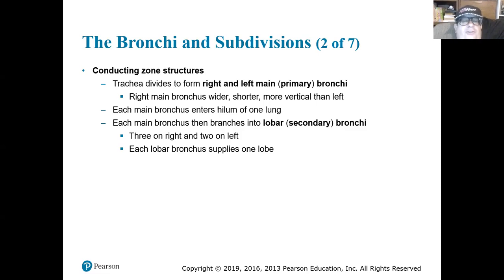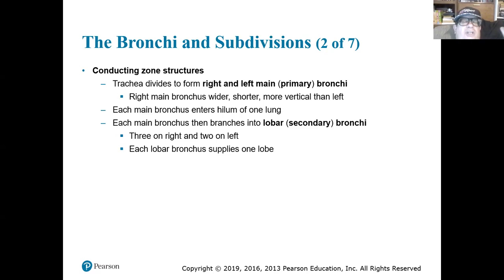Conducting zone structures. The trachea divides to form left and right primary bronchi. The right one is wider, which makes sense because it's going to have three subdivisions, not two. It's also more vertical. That's why when things get stuck in a bronchus, it's more likely to be the right one because it's easier for stuff to fall into.